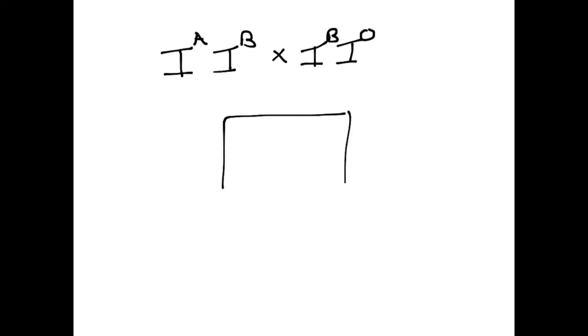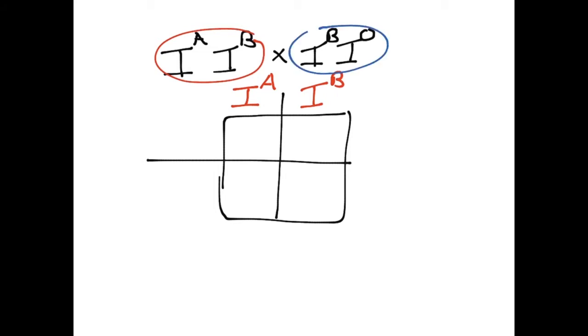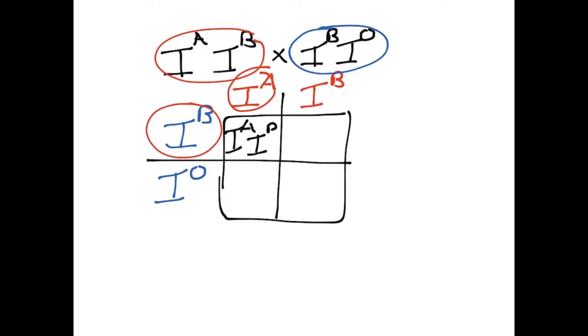That's most of the hard part done. Set up our Punnett square. This parent could produce gametes that are A or B. This parent could produce gametes that are B or O. So then our offspring that we could end up with, if we look at this sex cell and this sex cell, we would have IAIB.